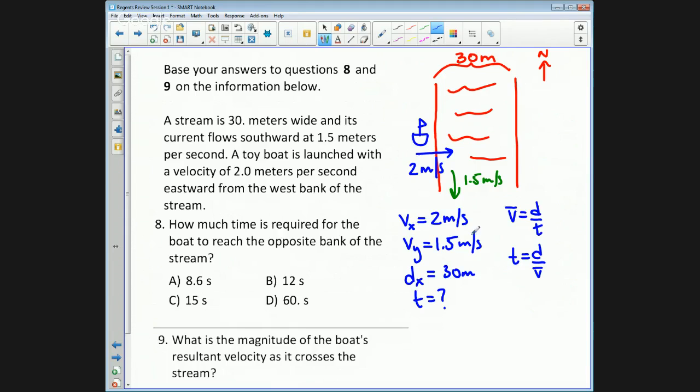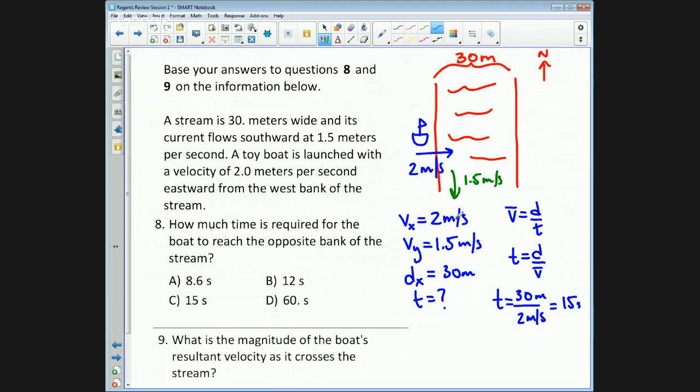If we're talking about the horizontal speed, then we need to use the horizontal distance that we're given. So we're going to substitute our horizontal values, which is our x values. So that would be 30 meters divided by your horizontal speed, which is 2 meters per second. And you'll get 15 seconds as an answer.